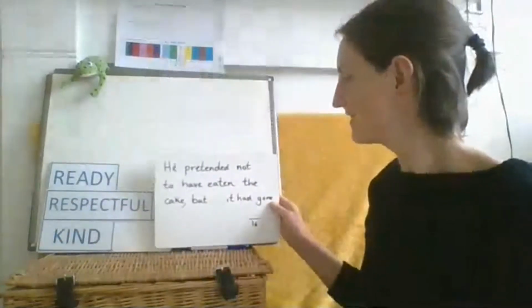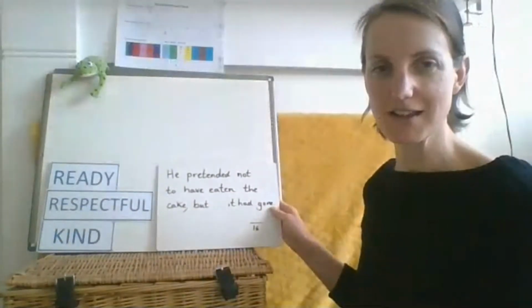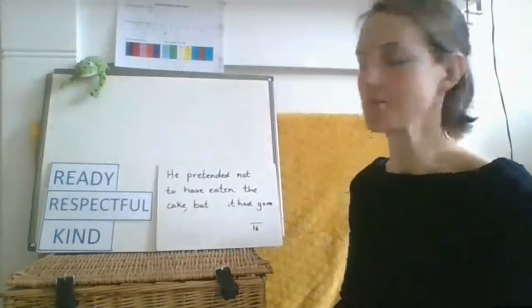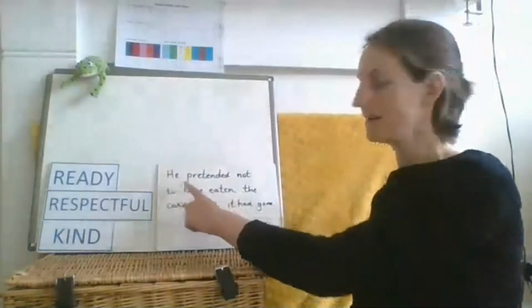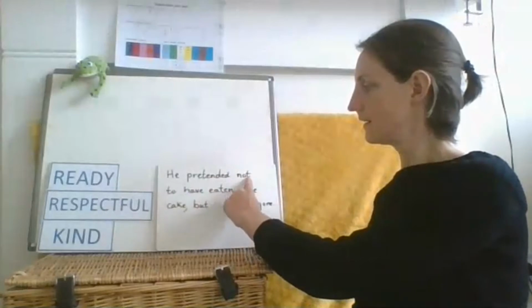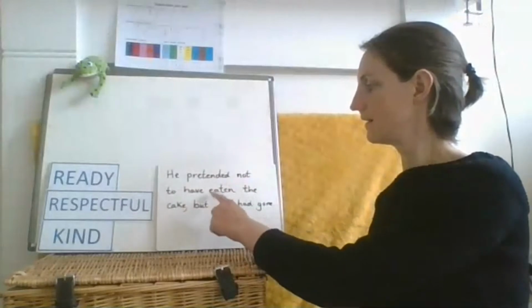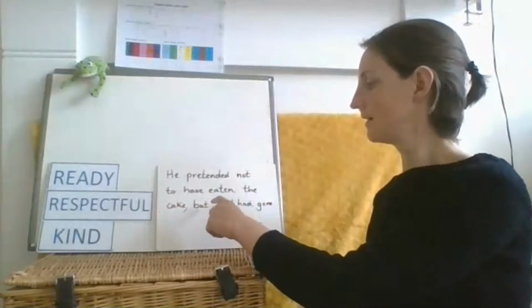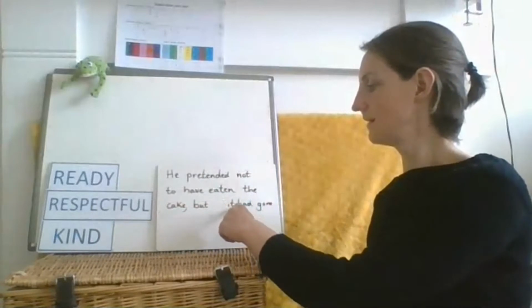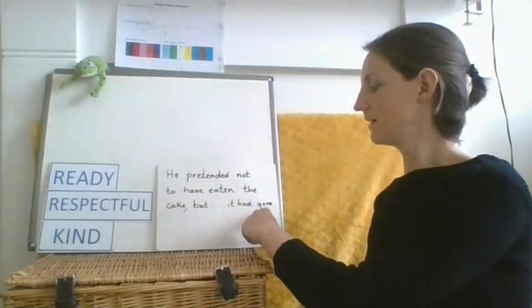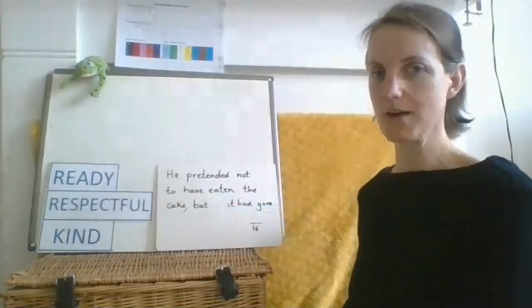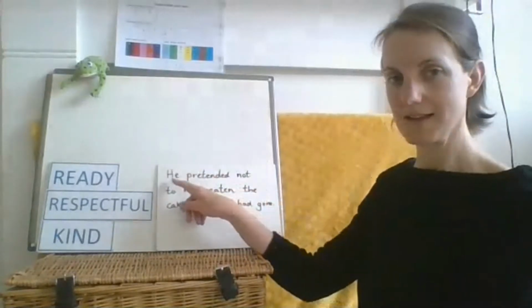Have a look at it now. Okay, really have a good look at that. I'm going to point to the words and you're going to say them. Comma. Dun, dun, dun. Full stop. Do that one more time and say it.